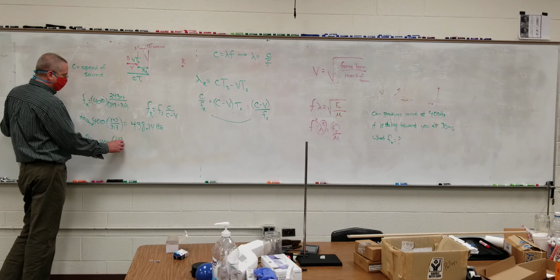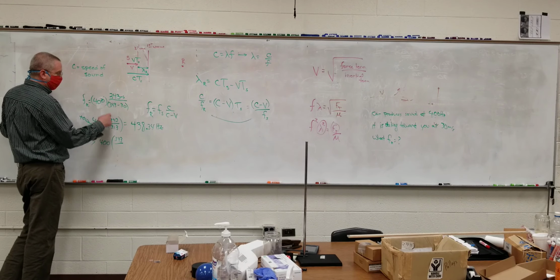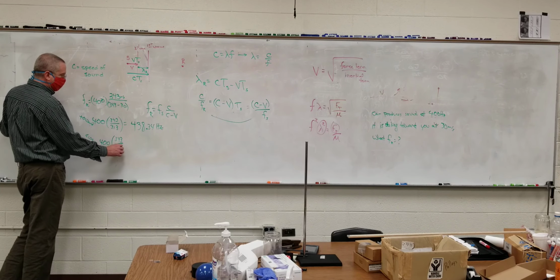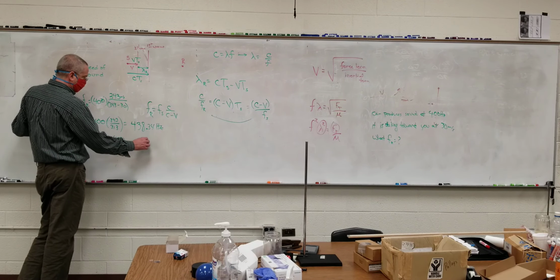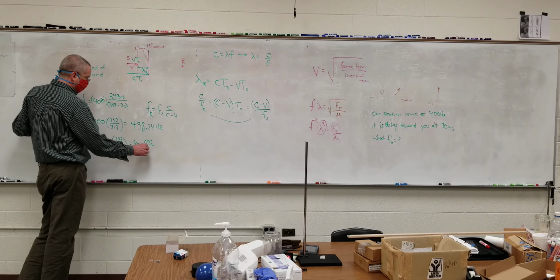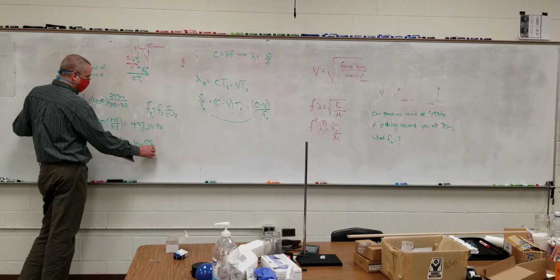343 still on top, over 343 minus negative 30, or plus 30. So 400 times 343 over 373.